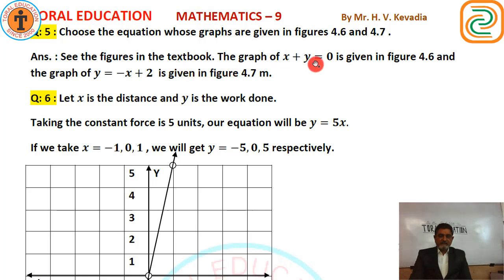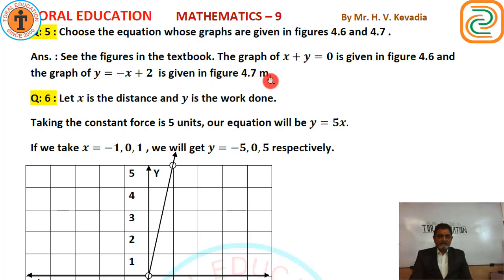The graph of x plus y equals 0 is given in figure 4.6 for the equation, and the graph of y equals minus x plus 2 is given in figure 4.7.